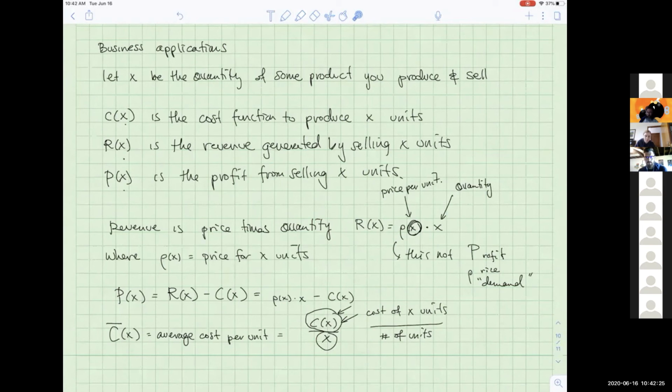So again, when we talk about Army men, the cost of producing 1 million Army men might be large, but when you divide by the 1 million Army men you have, you get a price per Army man that might be relatively cheap. Yeah? And in fact, the more you produce, it's going to drive your average cost down, because as your denominator gets larger, your fraction gets smaller. So that's a recap of some basic business.